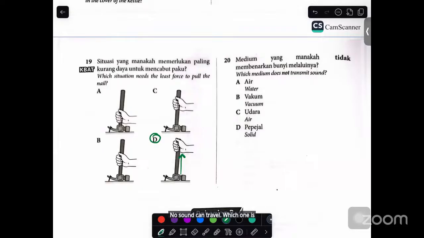Which one is it? Vacuum? Jawapan dia adalah vacuum.